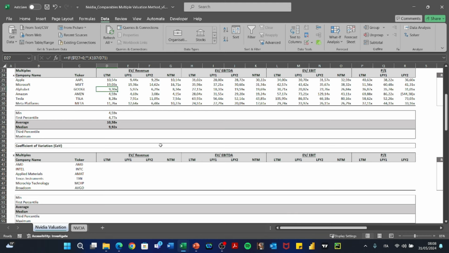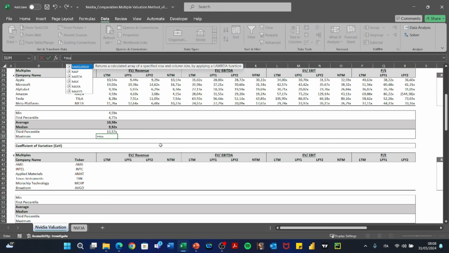So for instance, it basically just focuses on the median value. In terms of the third percentile, okay, so with 0.75. Okay, and now with the maximum.